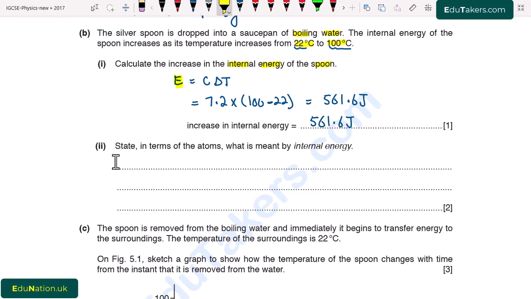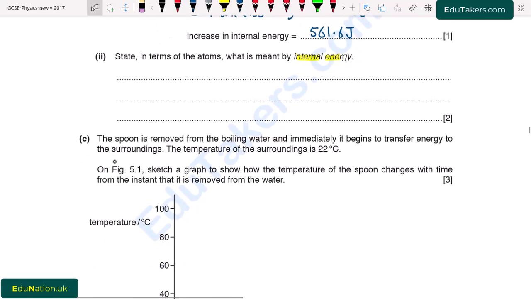Part 2. State in terms of atoms what is meant by internal energy. So here we have to explain internal energy. Internal energy is basically the sum of total kinetic energy and the total potential energy of all molecules of a substance. So internal energy is basically equal to the sum of kinetic energy and potential energy.